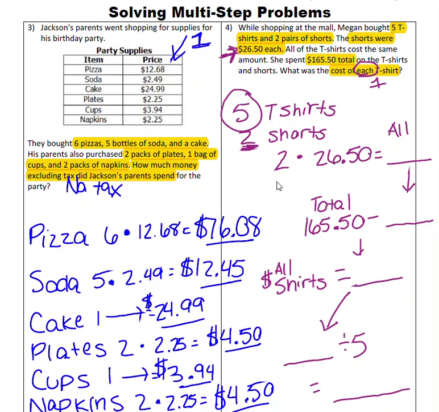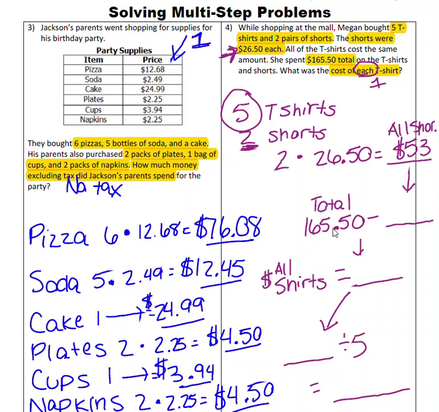So I know there's 2 pairs of shorts, and each pair cost me $26.50. That will give me the price of all the shorts. So if I take 2 times $26.50, I get $53. So that's all the shorts.